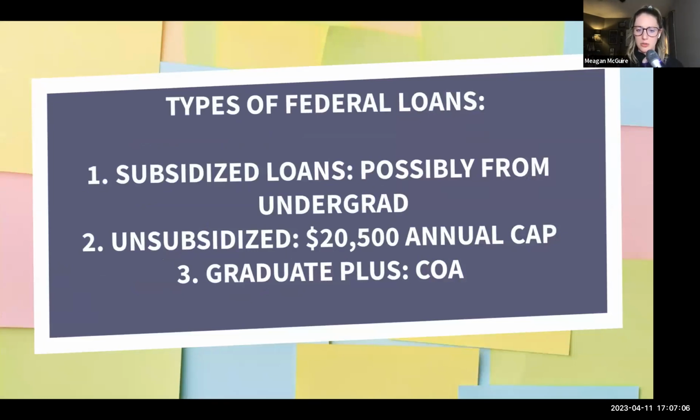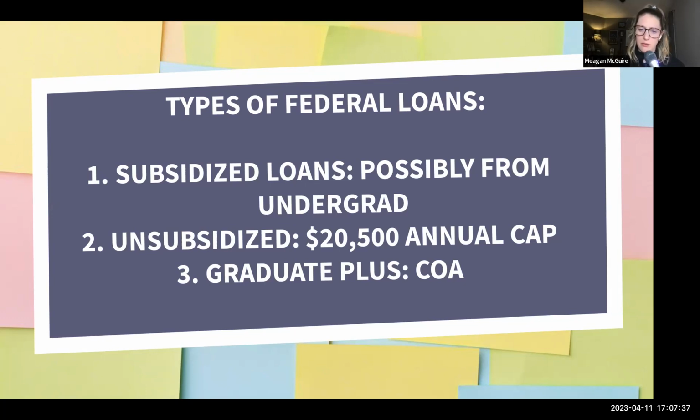I wanted to touch on a couple terms. I think they're important to know or to visualize when it comes to the loans. Public Service Loan Forgiveness in particular requires you to have federal direct loans. There are a couple different loan types you could see in your loan file. One is subsidized loans. You might see direct subsidized loan. This is something you could have borrowed in your undergrad education.